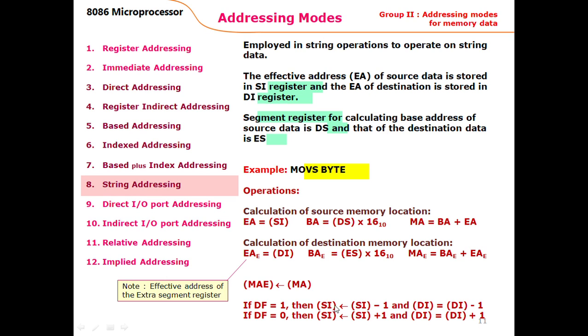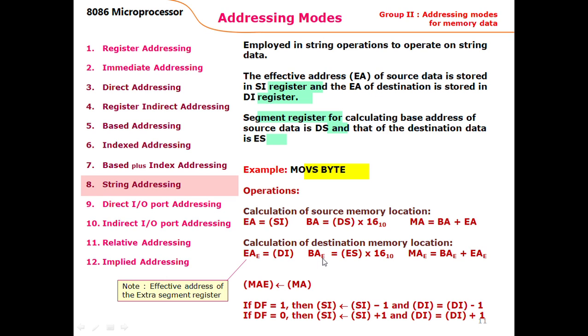And similarly, the memory address of the destination of the data is calculated as follows. EA is the effective address for the extra segment, because the extra segment is the destination segment. So this E represents the extra segment, and the effective address is provided by the destination index register.